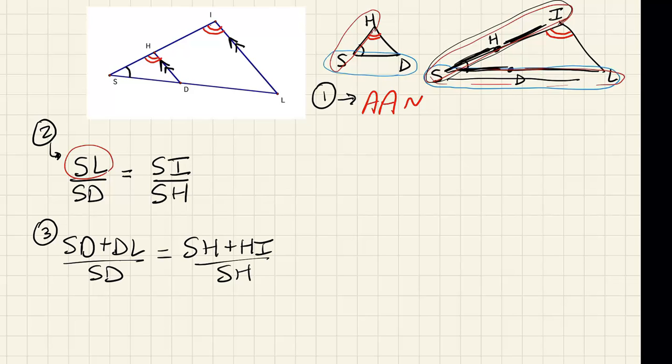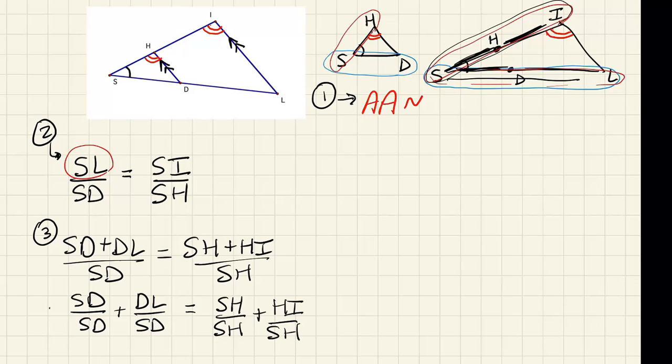And notice in this first fraction we have SD divided by SD plus DL divided by SD. And we can write this as two separate fractions, SH over SH plus HI over SH. That's my fourth step.